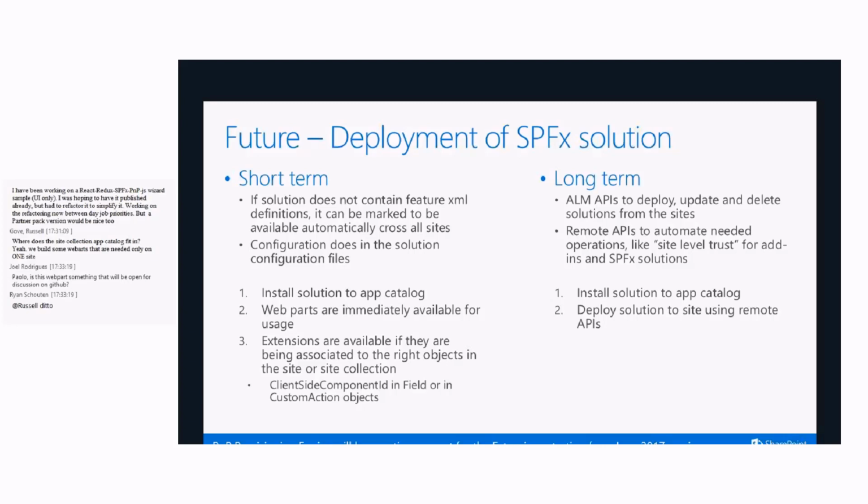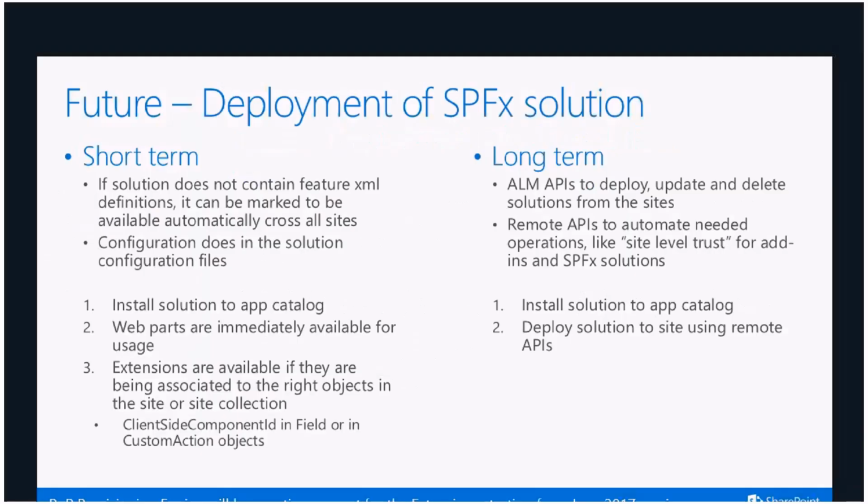Now, getting to the short-term vision, which we have on the slides right now, the short-term, long-term, plus the site collection scope app catalog, will unblock a humongous set of challenges and scenarios for the customers and partners to be able to work more efficiently with SharePoint Online customizations.